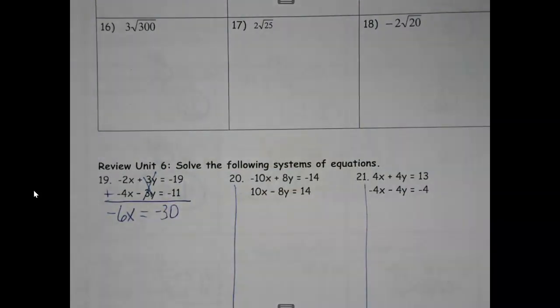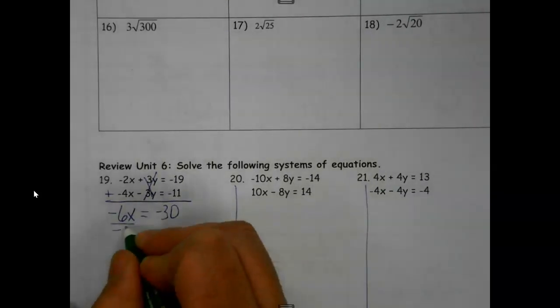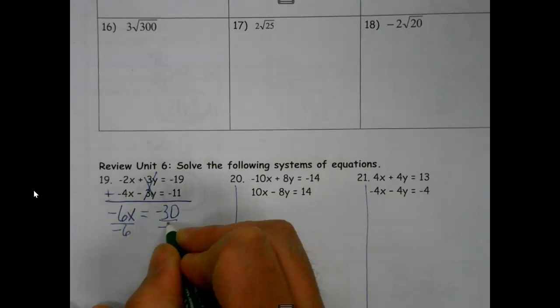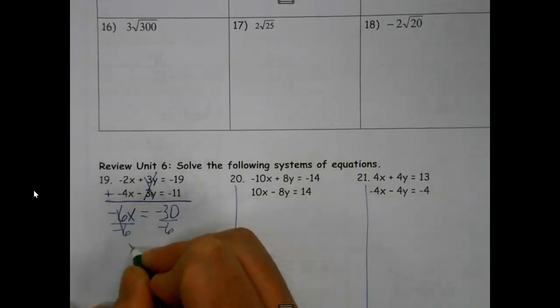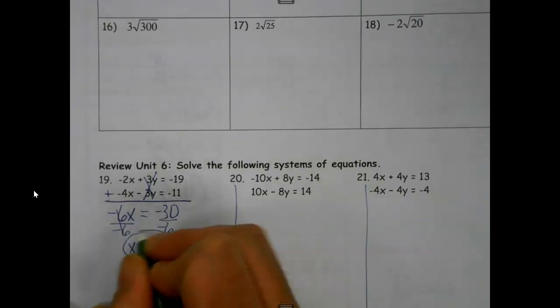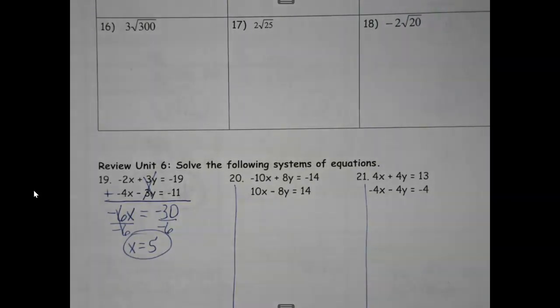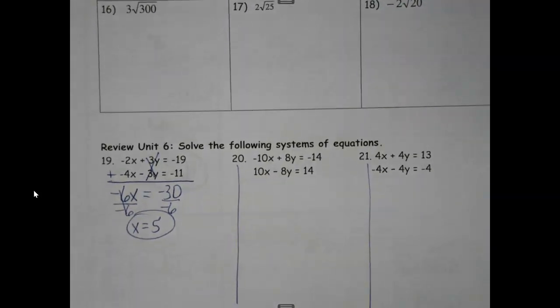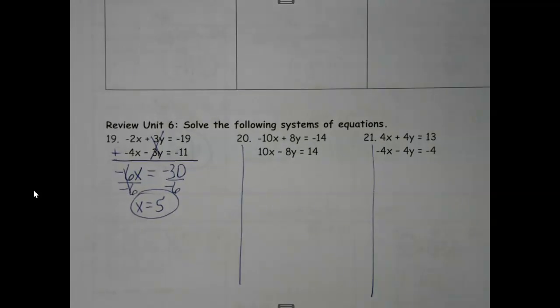And if you get to something right away, if you have a variable and a number, that's cool. You go ahead, you find that. But there's 2 variables.